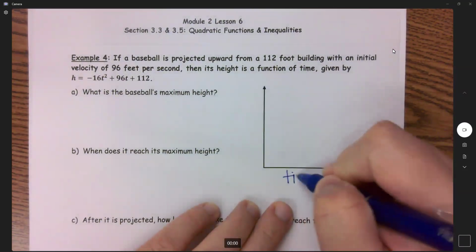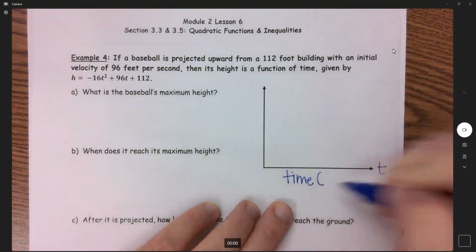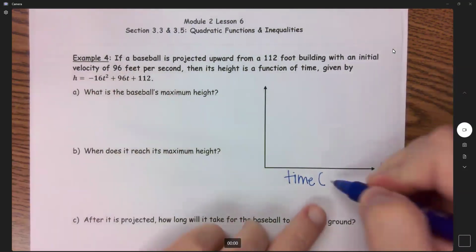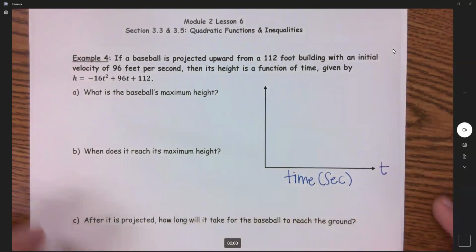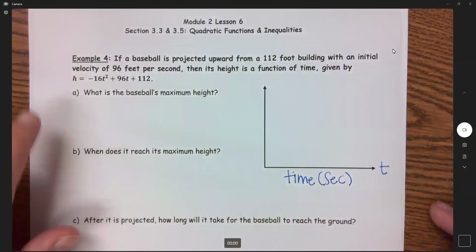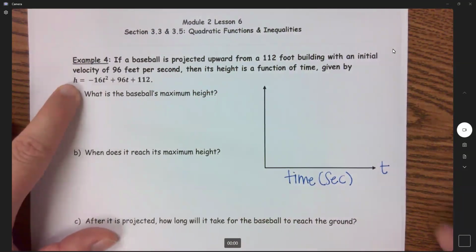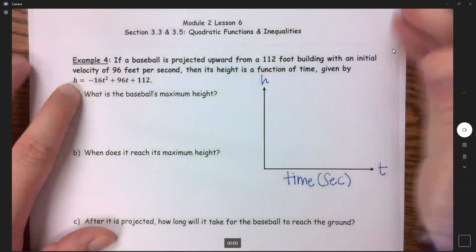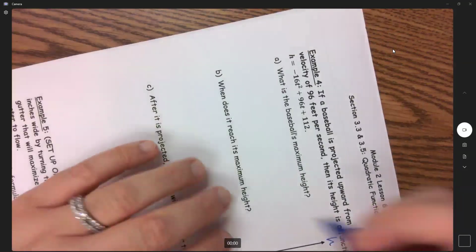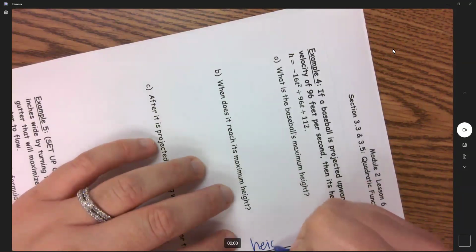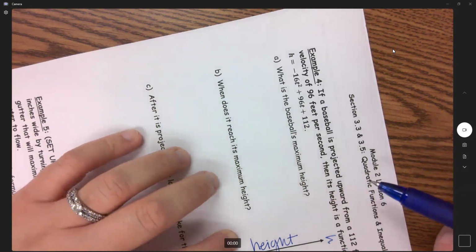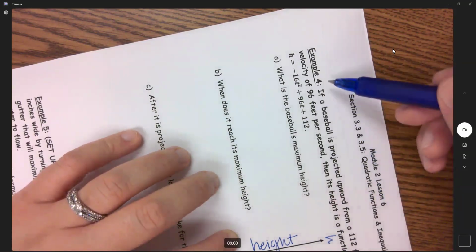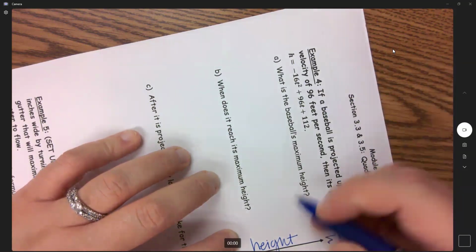So we have time down here, and our time is in seconds. Then for my y-axis, instead of y equals, we have h. So this represents my height, and my height is in feet.